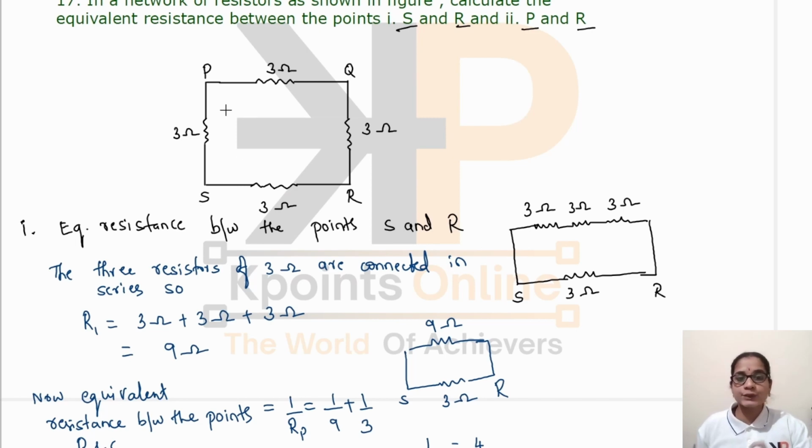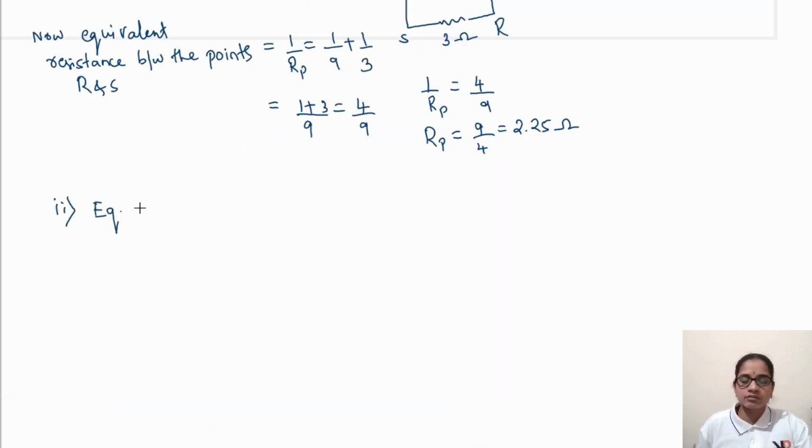Now let us calculate the equivalent resistance between the points P and R. When we consider these 2 points, then the network of resistors can be represented like this. In this way, these two are connected in series, and these two are connected in series if we consider between the points P and R, and these systems of resistors are in parallel with each other. Now we will calculate the equivalent resistance in this case.